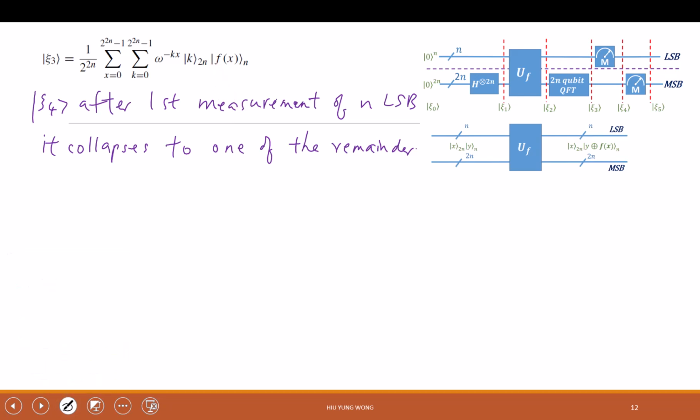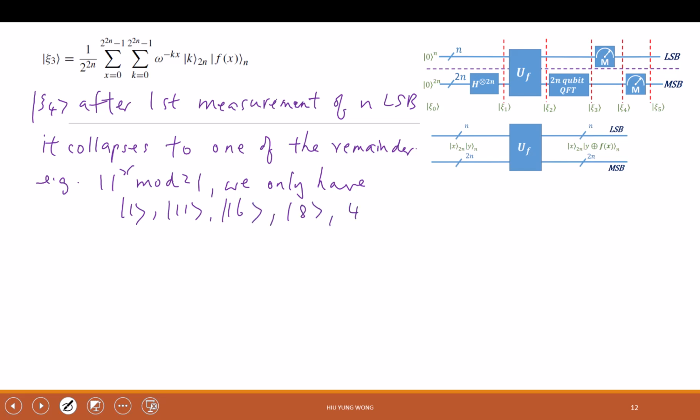So, for example, for 11 to the x mod 21, we only have these states 1, 11, 16, 8, 4, 2 in the last n qubit. Because only f of x exists.